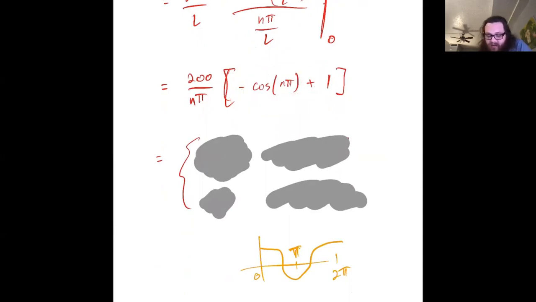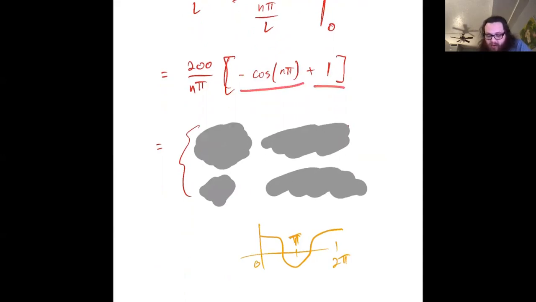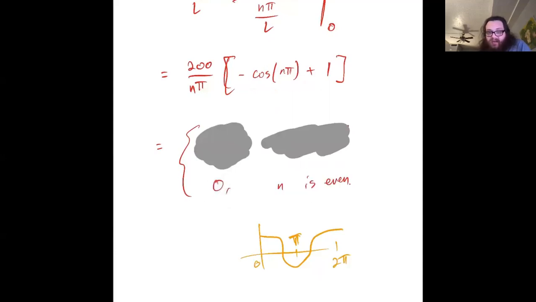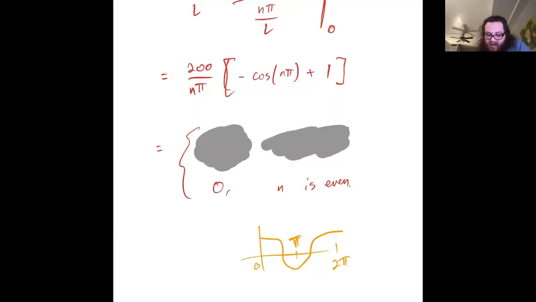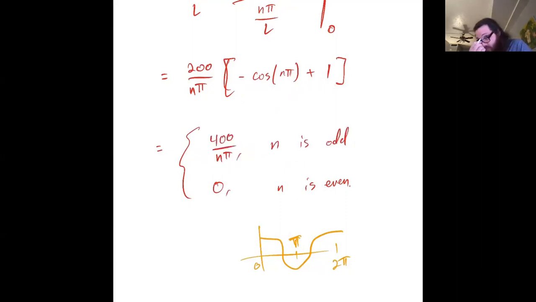So when n is even, cosine n pi is going to be equal to 1. So we're going to get -1 plus 1, and that's going to be 0 when n is even. When n is odd, like at pi, this is going to be -1. So minus (-1) is +1, so we're going to get 1 plus 1, that's 2. We're going to end up with 400 over n pi when n is odd.